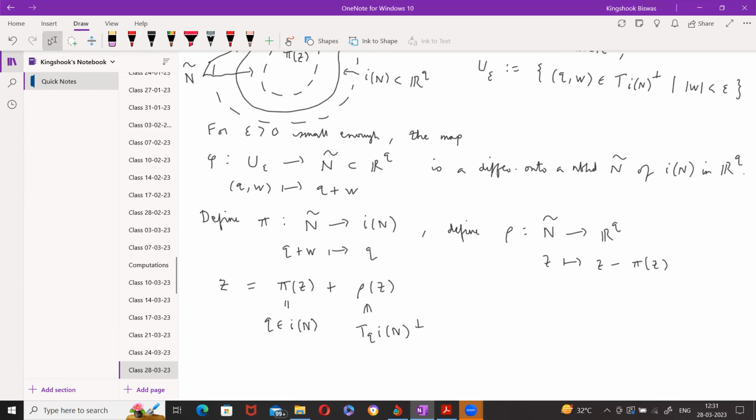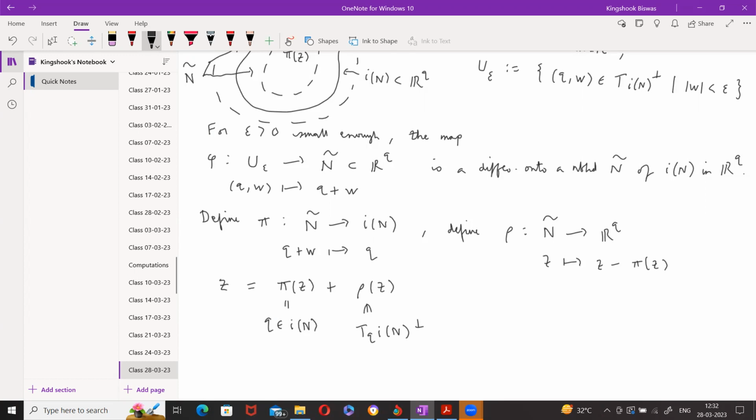It's just radial projection in that case. But this is well defined using the tubular neighborhood theorem, right? What I'm doing is taking phi inverse and then projecting to the first coordinate. Yes. That's the map. Is that clear? Okay.